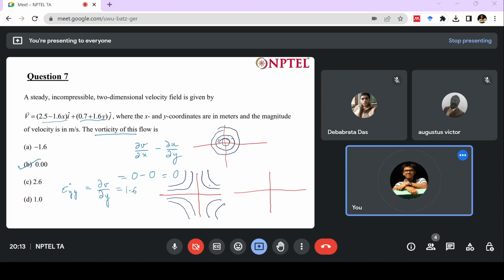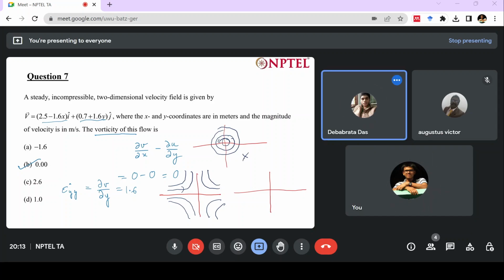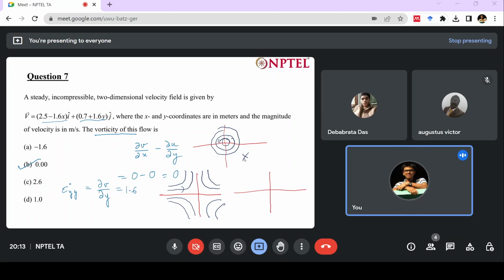So within these two, you can understand that this will not be the case, right? Yes, sir, there is rotation. Definitely this is not the case.